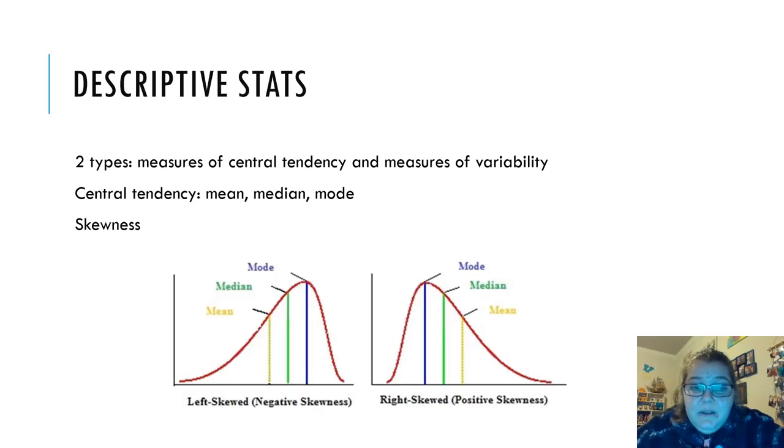Because if your mode is higher than your mean, then you've got a skew. Same thing if your median is higher than your mean or lower than your mode, you've got a skew. Again, this can cause a variety of statistical problems when you're conducting analyses, but I'm not going to get super into it. If you guys have questions about that, feel free to come to my office hours. I will answer them to the best of my ability.